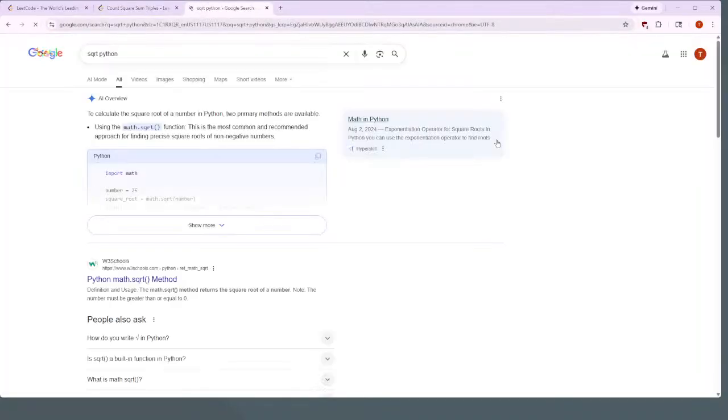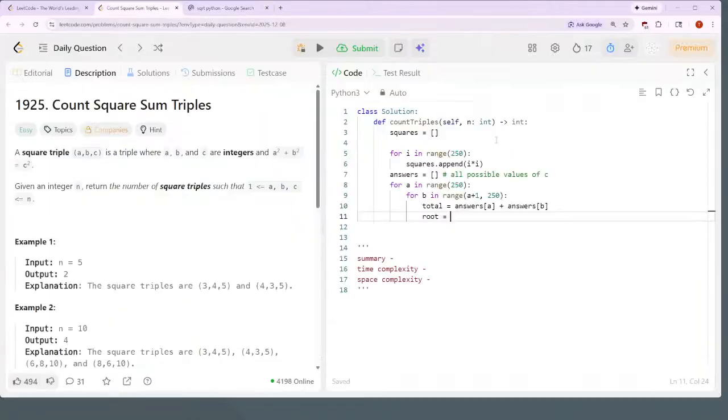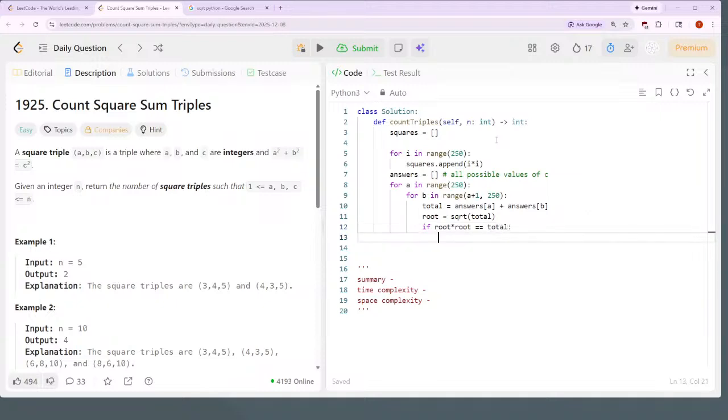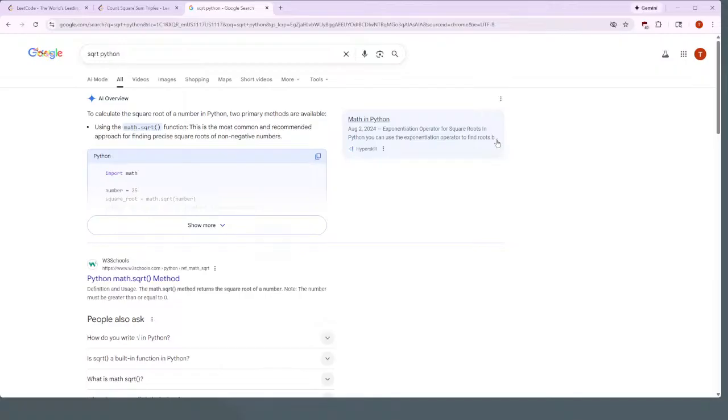Is it sqrt? Okay, sqrt of total. If the root times itself is equal to the total, which means that the square root, because this is probably not an integer, probably need to convert this to an integer.